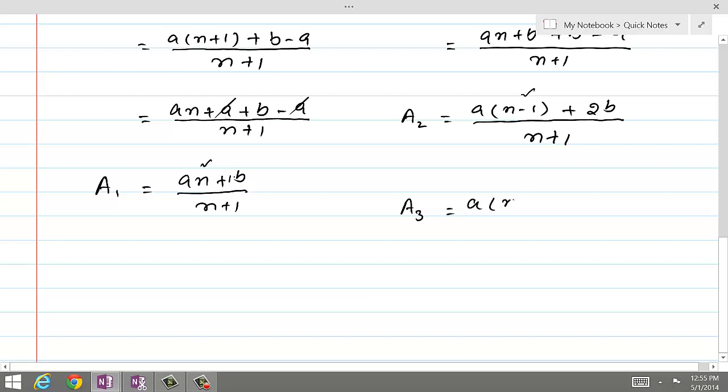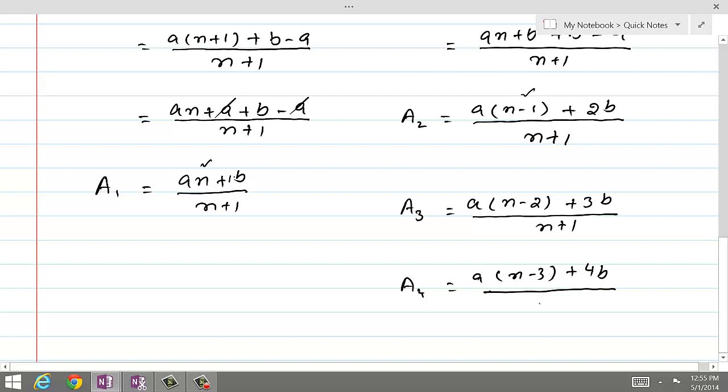Without actual calculation, this will become a into n minus 2 plus 3b over n plus 1, and a4 would be equal to a into n minus 3 plus 4b over n plus 1, and this way we can continue.